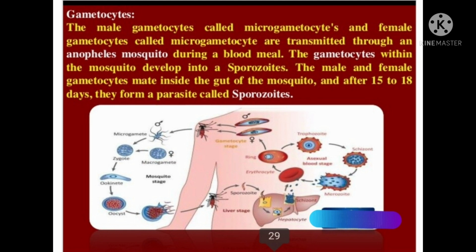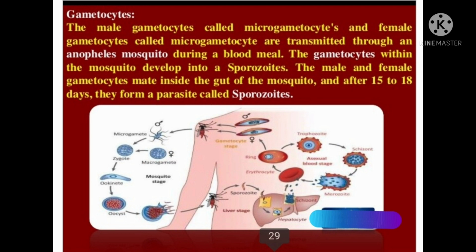The male and female gametocytes mate inside the gut of the mosquito, and after 15 to 18 days they form a parasite called sporozoites. So we need to keep in mind how it works.